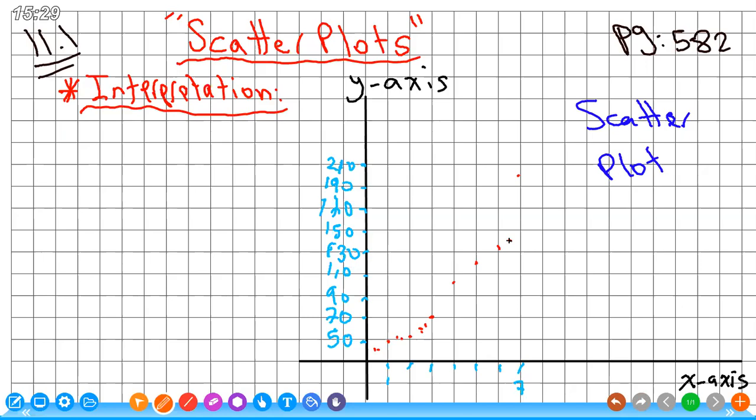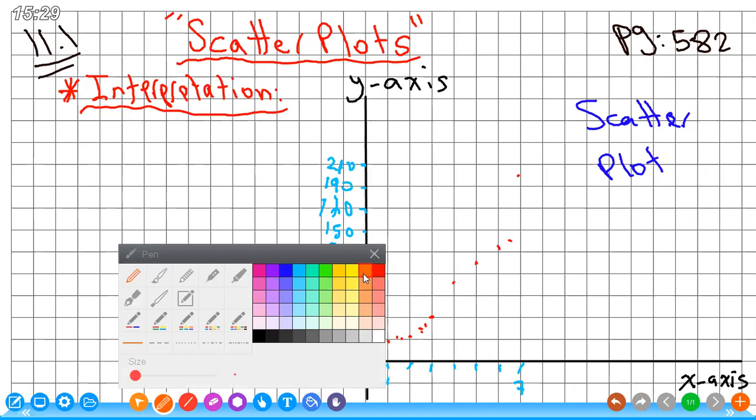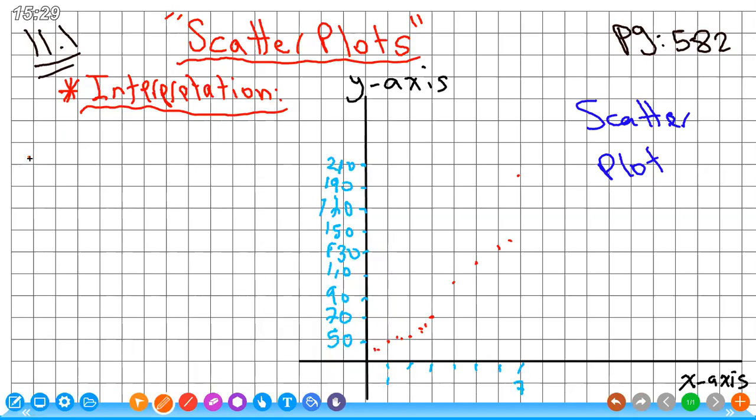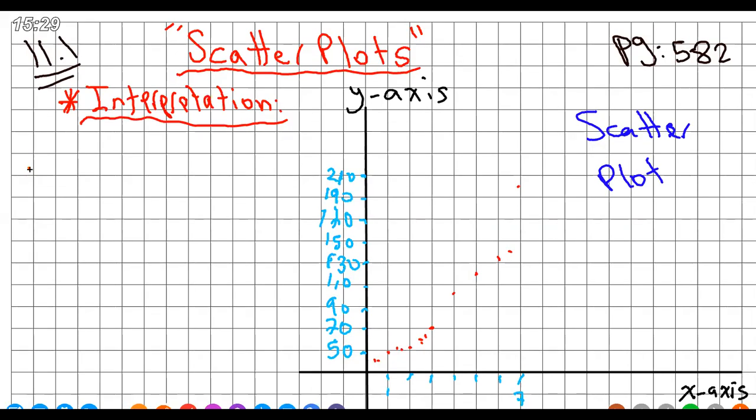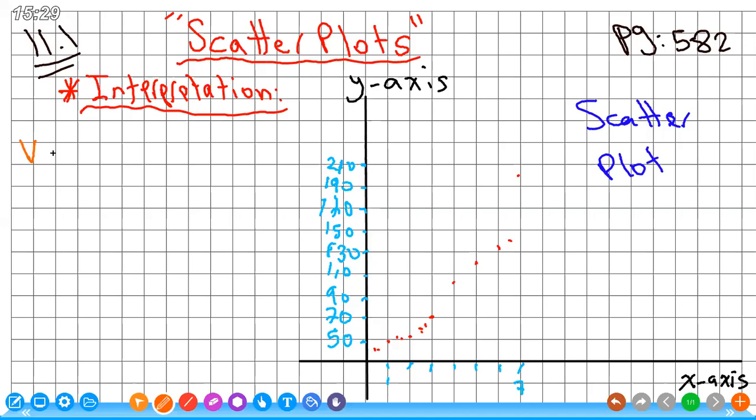Now, the first one, we said, is the variable association. For variable association, let me write it first. Variable association.